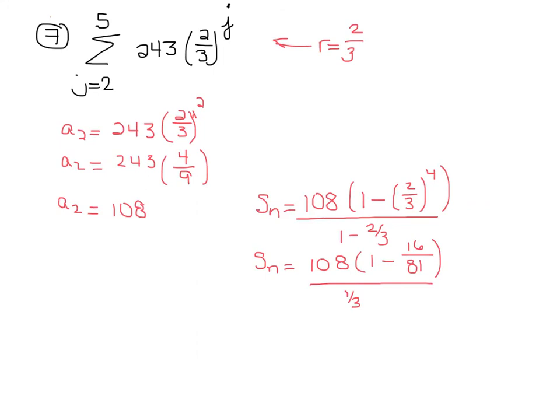Yeah, you could carefully plug this in your calculator, but I'm going to go ahead and do it without. Got that 108. Well, 1 minus 16 over 81. That 1 is like 81 over 81. Which gives us 65 over 81. And instead of dividing by 1/3, I'm going to go ahead and multiply by 3, or 3/1.